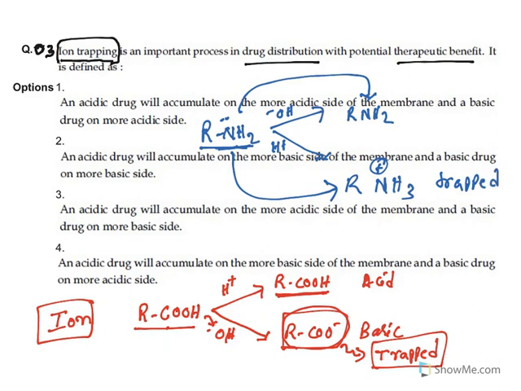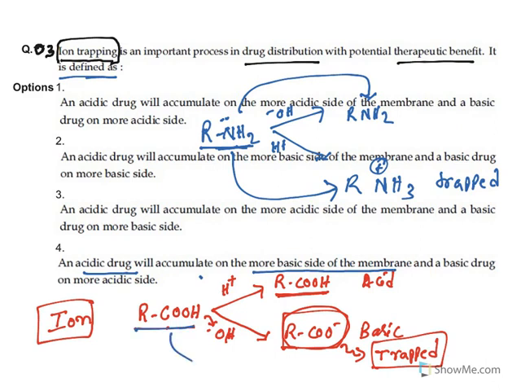So this is the concept, and how do you define it? Now understand, you need to understand each and every option and then think about it. An acidic drug will accumulate on the more basic side of the membrane. What has happened with the acidic drug?